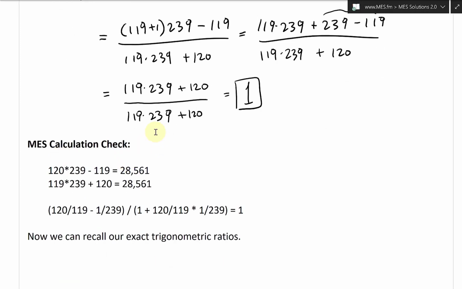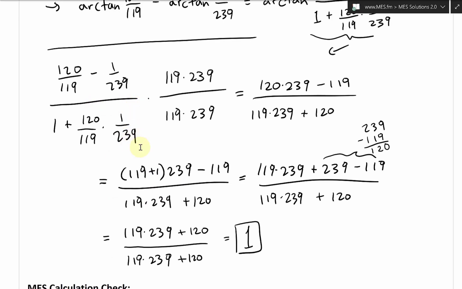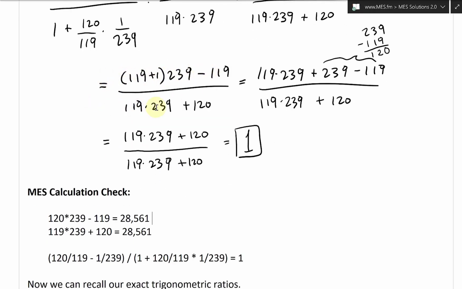Now here's a quick calculation check. 120 times 239 minus 119 equals, and it's built into OneNote, just press space and it auto calculates. Same with this: we get 28,561 over there, and that is just this part right here, and this part is the bottom one. You'll see it's the exact same thing, so those obviously cancel.